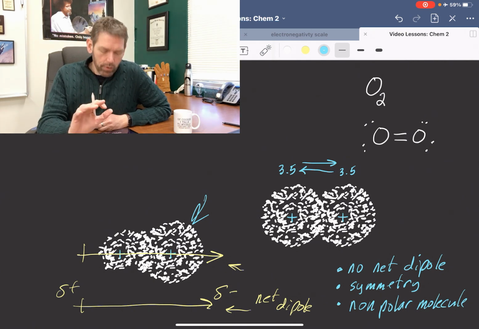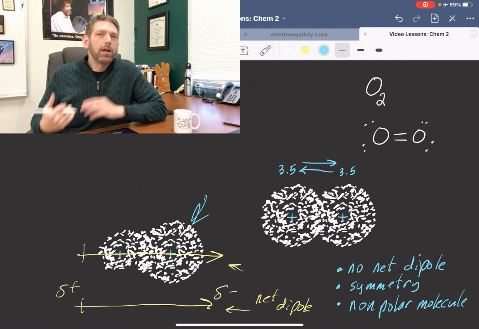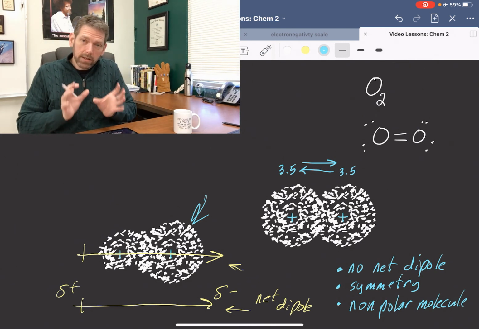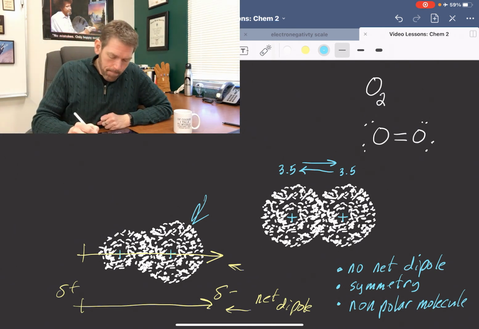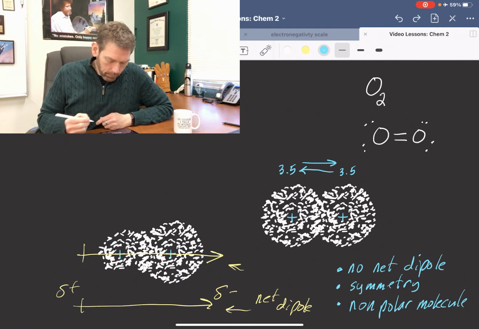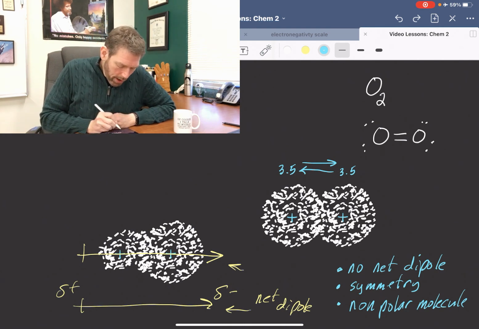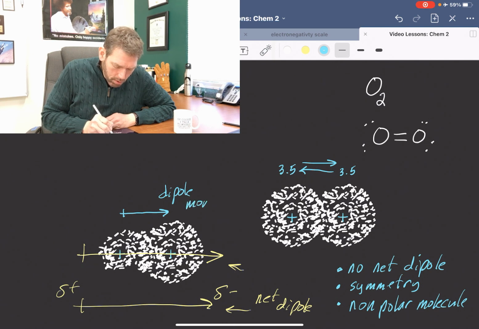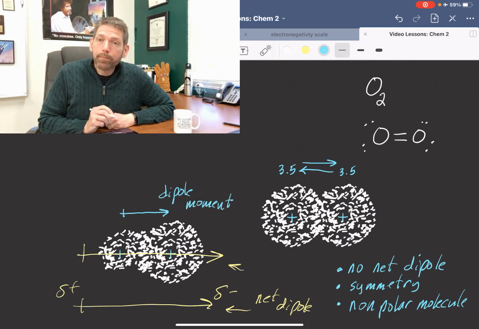So now you know what these weird looking arrows mean. I didn't tell you in the previous part because I wanted to wait till we got to here, go back and reflect on it so you could see them both side by side. This part right here, where we said there was a pull from here to here, we call this a dipole moment.